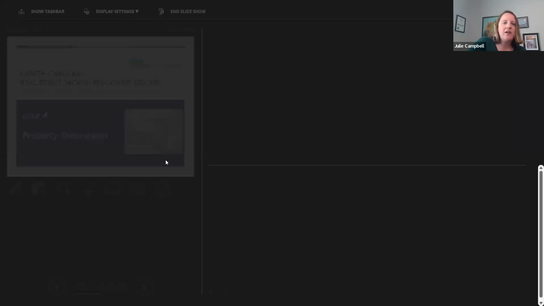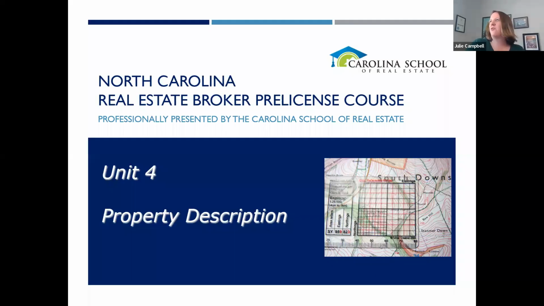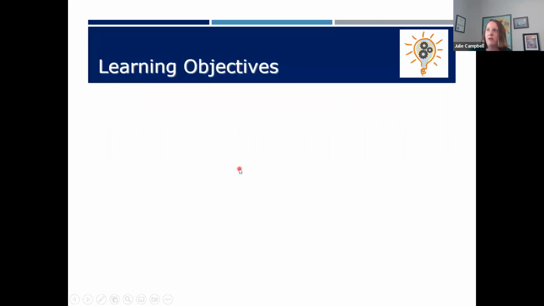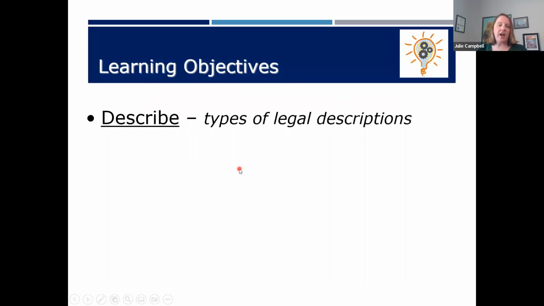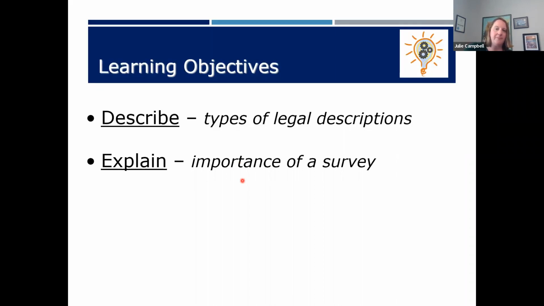So we got a couple of different ways that we can identify the property lines. We're going to talk a little bit more about the survey in this unit as well. So in Unit 4, we are going to talk about the different types of legal descriptions. By legal descriptions, we're defining the different ways that we can identify the property. We're going to talk a little bit more about the survey.